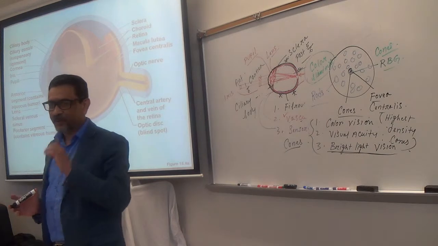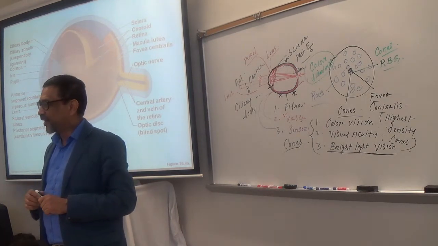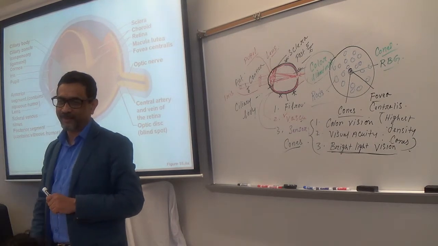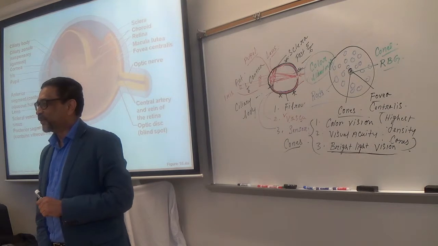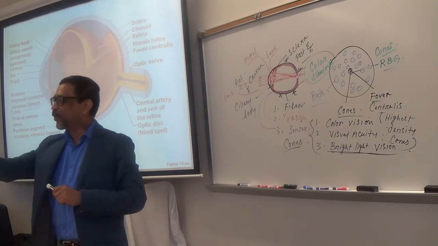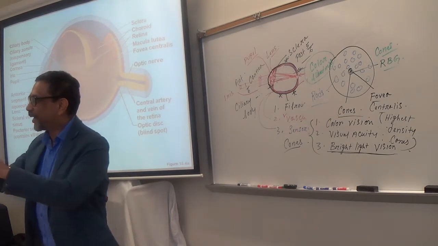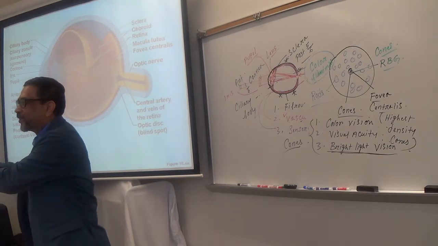So which ones, cones or rods, are more sensitive to light? Think and tell me. To stimulate the cones, you need plenty of light. To stimulate the rods, you need a small amount of light.